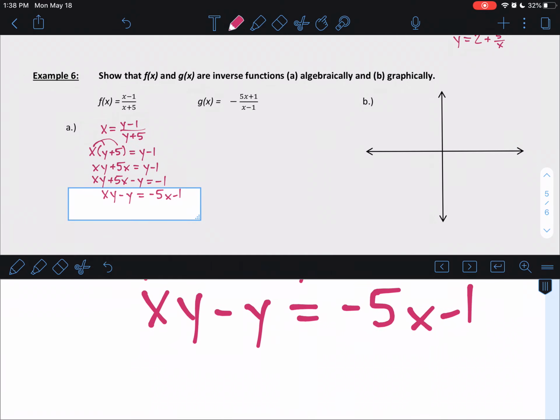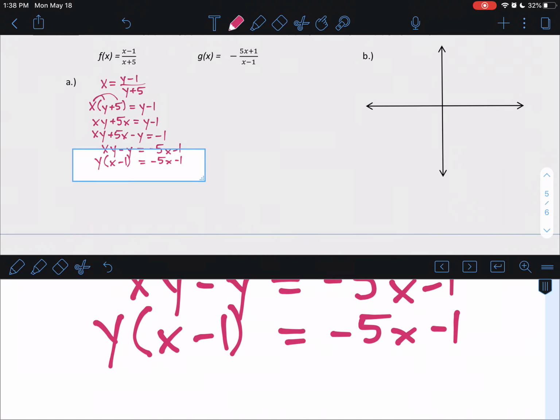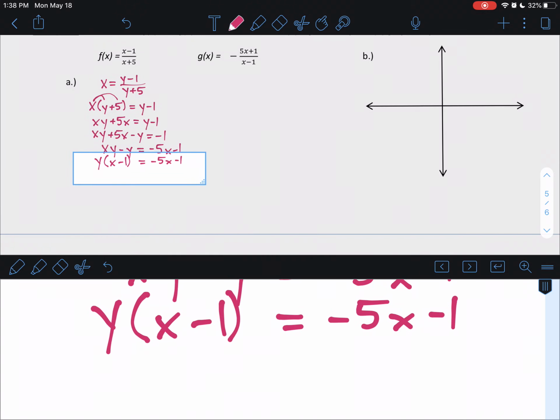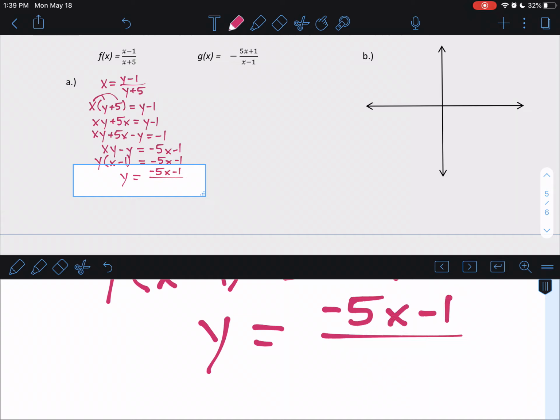And let's see, between xy and negative y, I can pull out a y. And I'm left with x minus 1 equals negative 5x minus 1. And then to get the y all by itself, just divide both sides by x minus 1. So y equals negative 5x minus 1 over x minus 1.